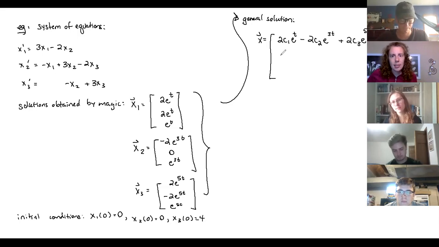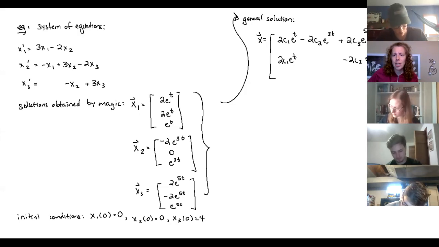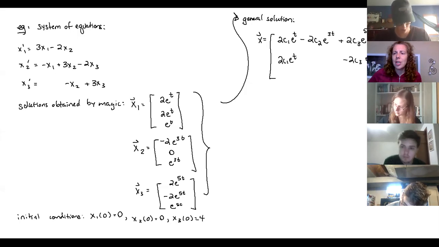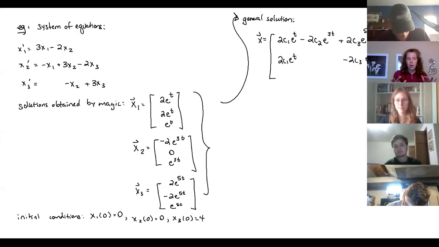Next line is going to be 2c1 e to the t. The 0 is just going to be a 0 in the second part, and then minus 2c3 e to the 5t. So we've got a 0 in that second piece. Okay, and that second line, again, remember your notation. This is the function x2 of t. No vector arrow over the top.